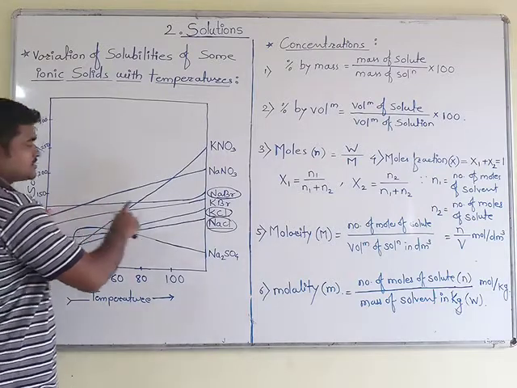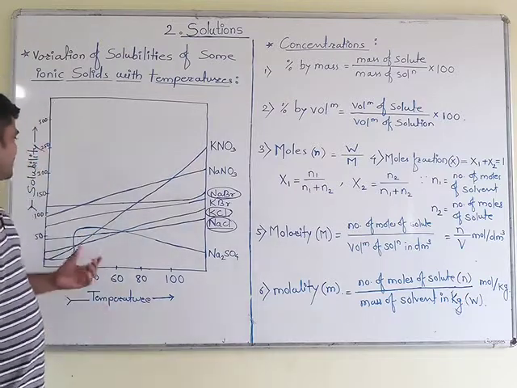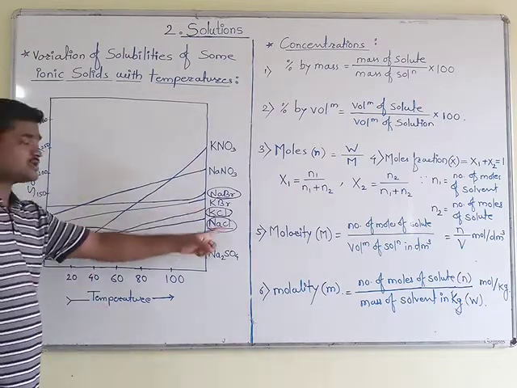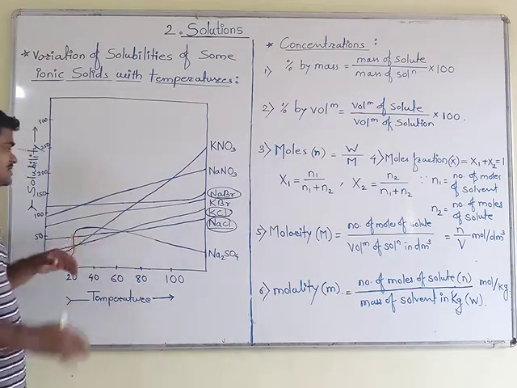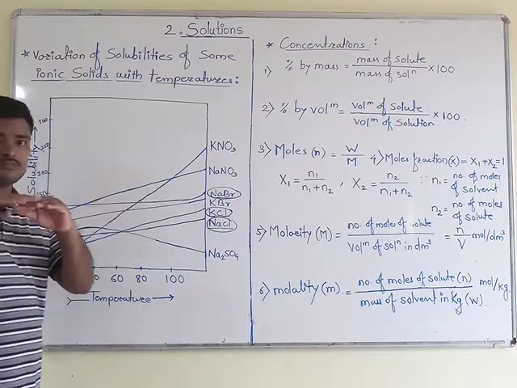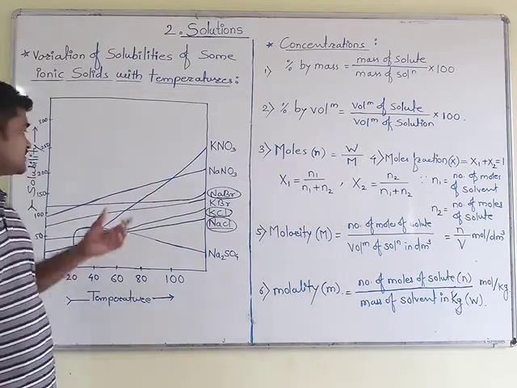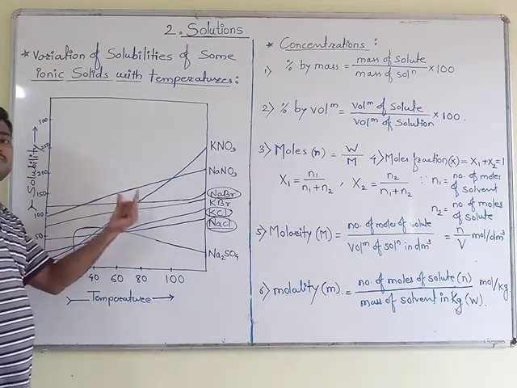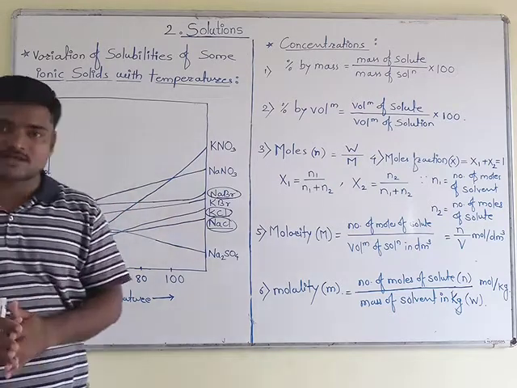Here look at the nature of the graph. A slight increase in the solubility of these ionic salts with the increase in temperature is observed. Slight increase in the sense that, if you observe the horizontal portion of the increase in solubility in this graph, you will notice that there is no sharp increase.